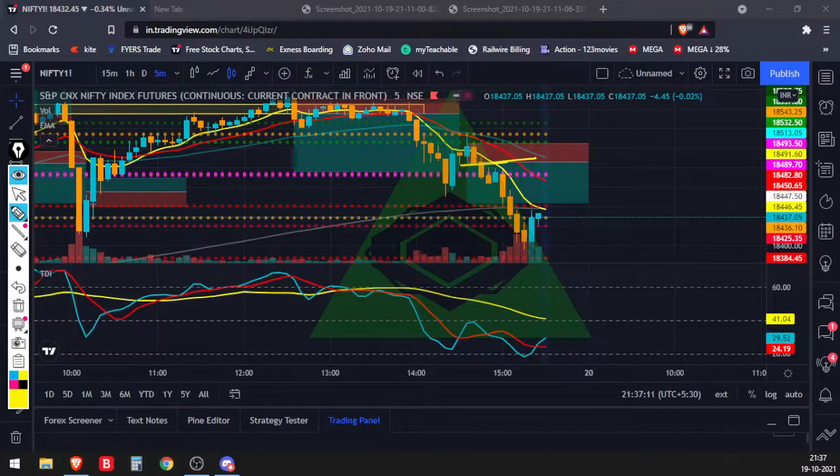So what I did, I just shorted here. This was my stop loss. Whatever the next resistance or support was on the indicator, that's my target. Done, right? This is exactly how you should trade.